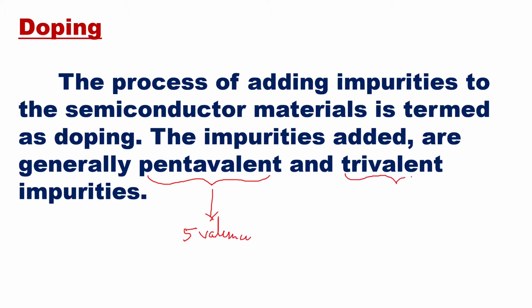Trivalent means 3 valence electrons, that is, 3 electrons in the outermost orbit. These are important because if you add a pentavalent impurity to a pure intrinsic semiconductor, it becomes an extrinsic semiconductor, specifically an N-type semiconductor. Similarly, if you add a trivalent impurity, it becomes a P-type semiconductor. Now, how this happens, we will see.